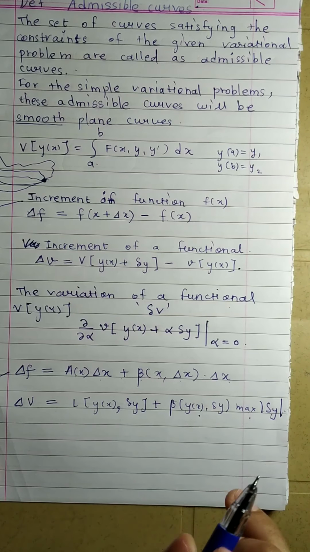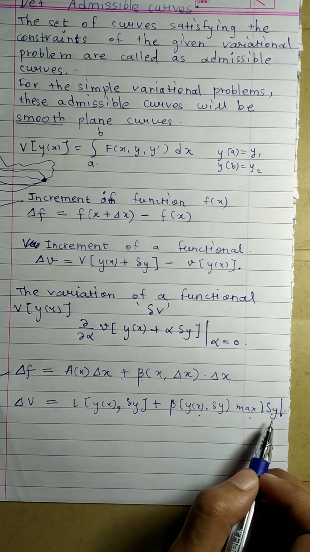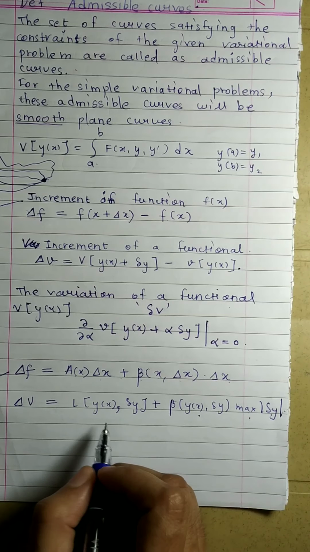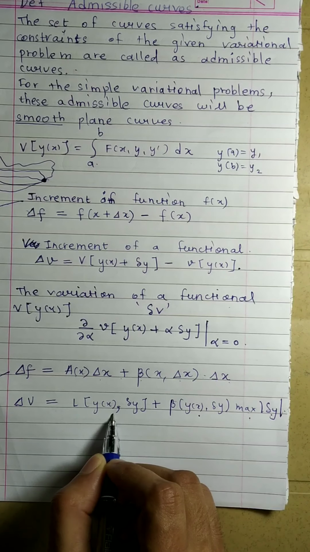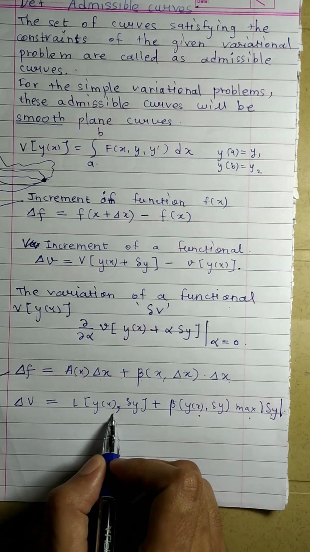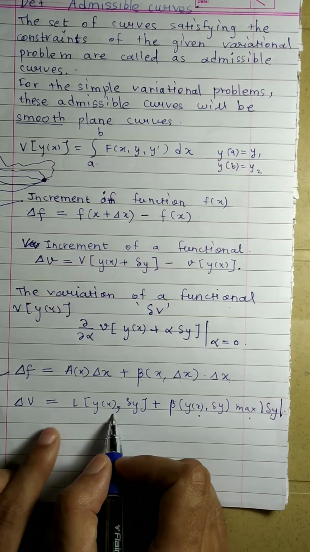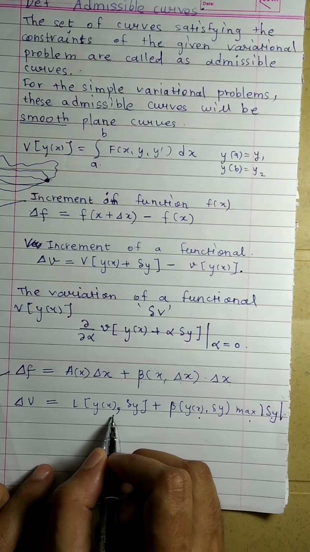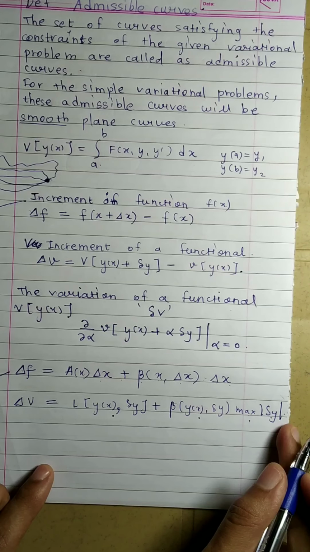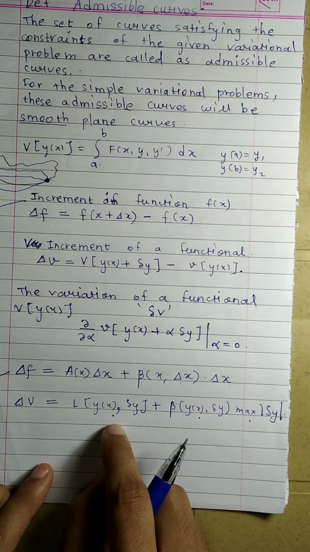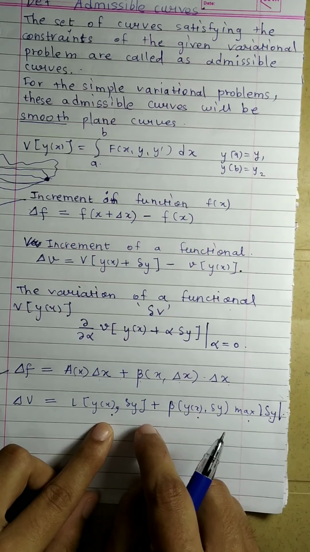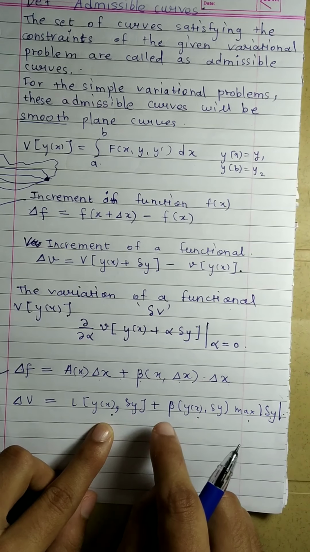If this happens, that means as delta y is going to 0, this goes to 0, and further, if this is a linear part of the functional, then this quantity is what we call the part of the increment of the functional that is linear with respect to delta y.